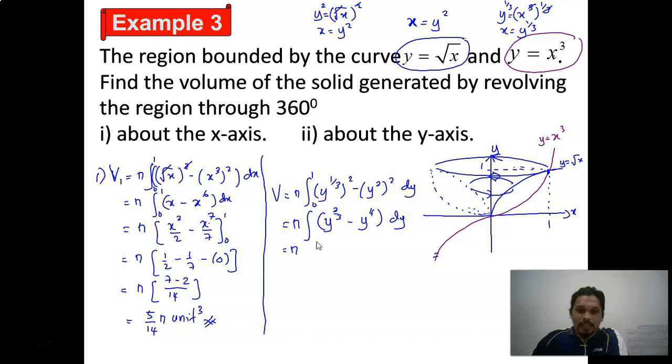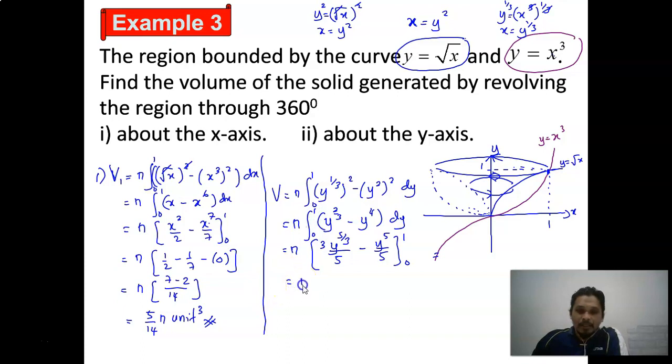Pi, then integral of y to the power of 2 over 3: 2 over 3 plus 1, or 2 over 3 plus 3 over 3, which is 5 over 3, divided by 5 over 3, or switch the position upside down, it becomes 3 over 5. And minus the integral of y to the power of 4 dy, y to the power of 5 divided by 5, from 0 until 1.